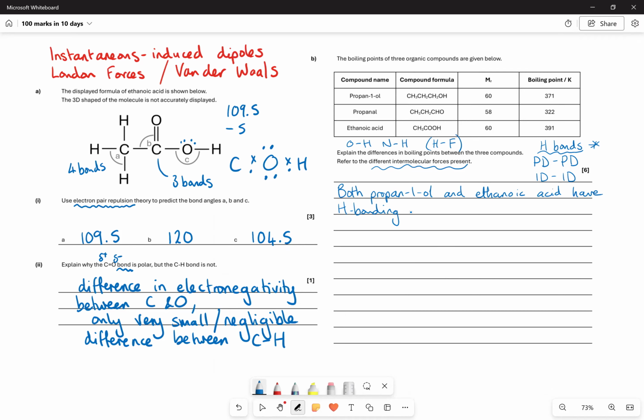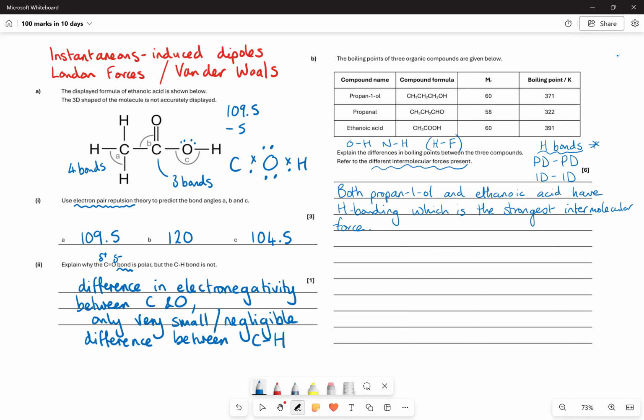And as soon as you mention hydrogen bonds, just throw this in here, which is the strongest intermolecular force. So why do I recommend this? I recommend this because if you go a bit wrong later in the question, or if you miss something out, so for example, you miss one of the other forces that something else has, you've already laid it on the table that hydrogen bonding is the strongest, so you've got that mark.